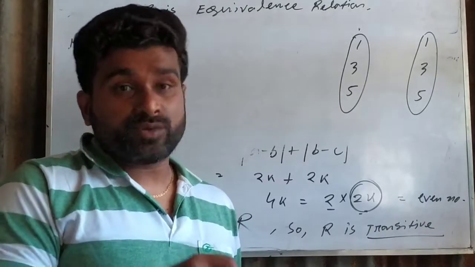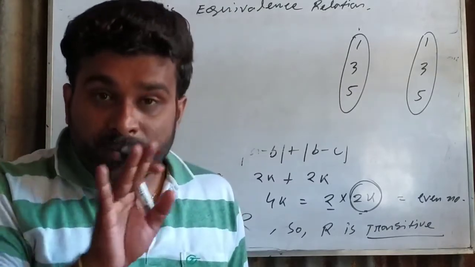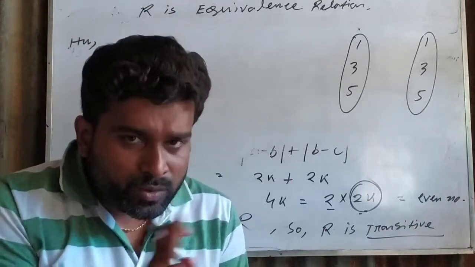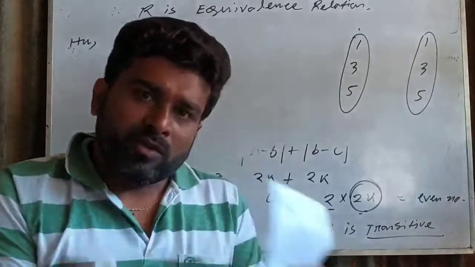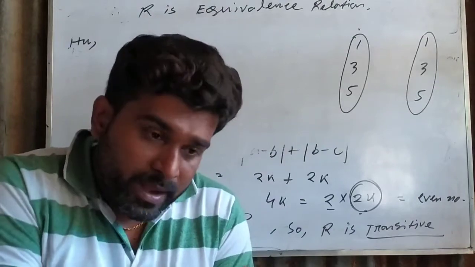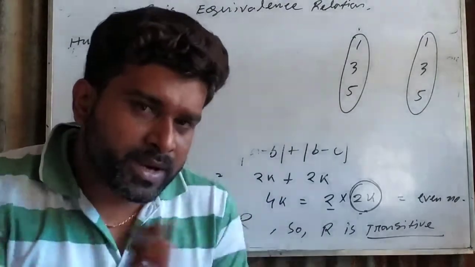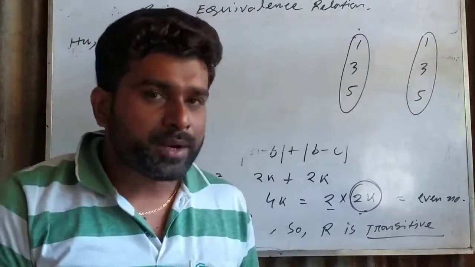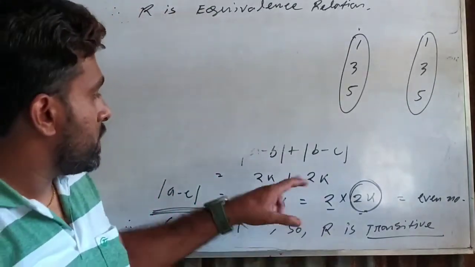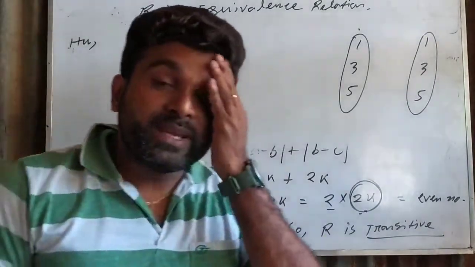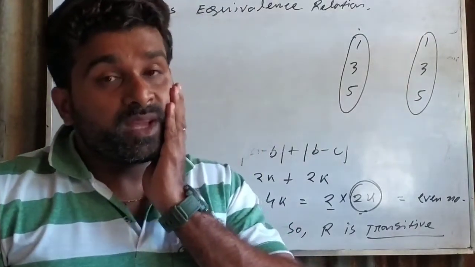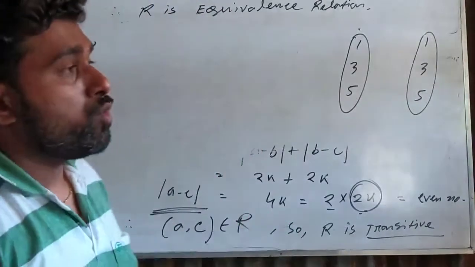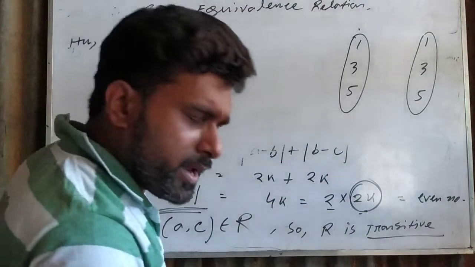That means in this set 1, 3, 5, the elements given, are they related to each other? Now when will elements be related to each other? One condition is given, and the condition is what? Mod of a minus b is even. Okay. So what are the values of a and b here?